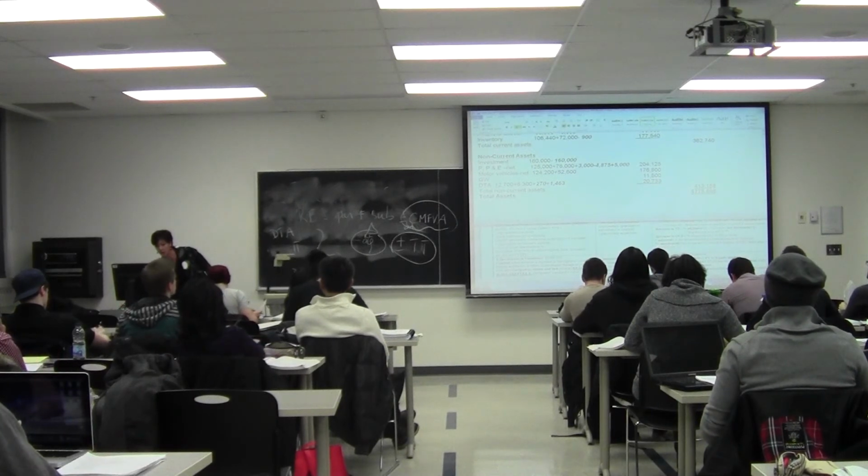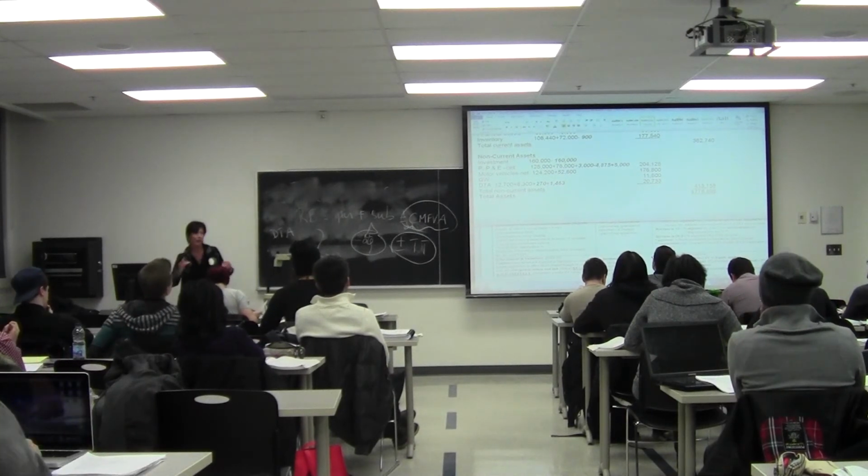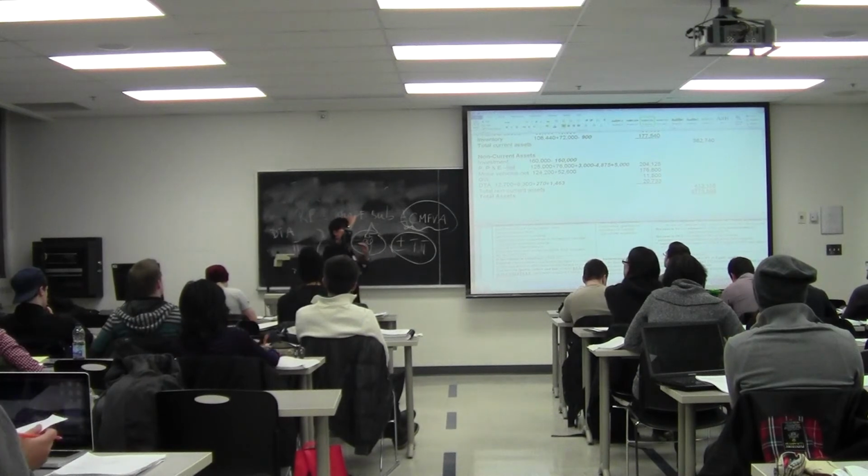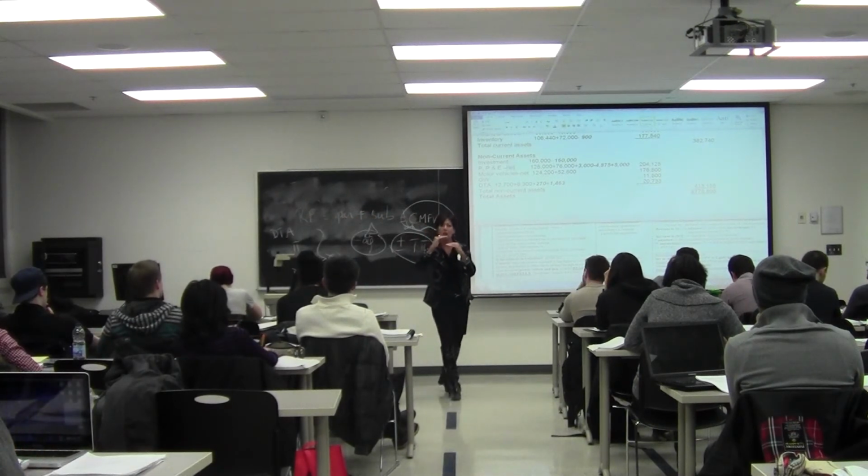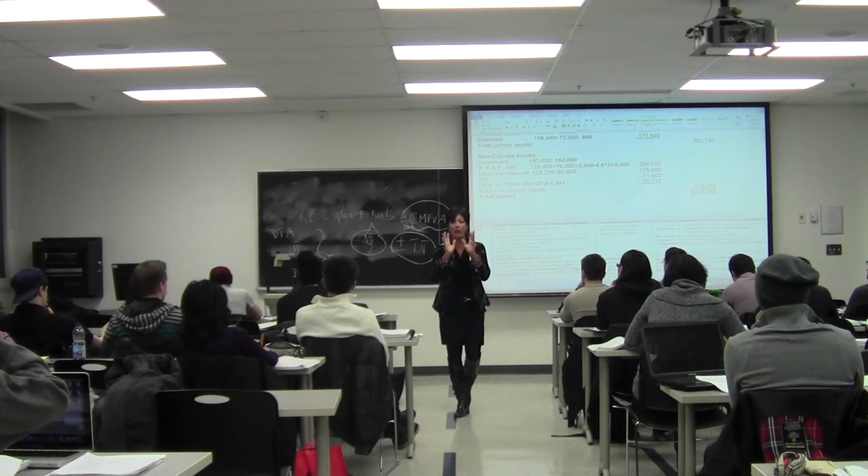Back to the equipment here, you see it's reported at net. If you have to do the two lines, cost and accumulated depreciation, what do you have to be careful about?